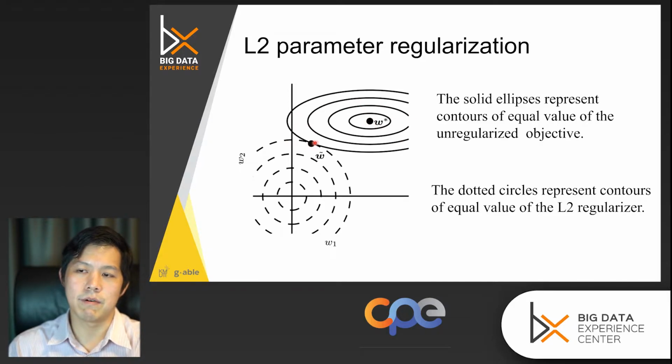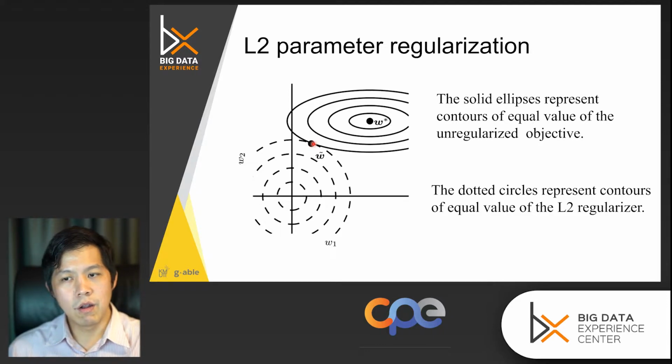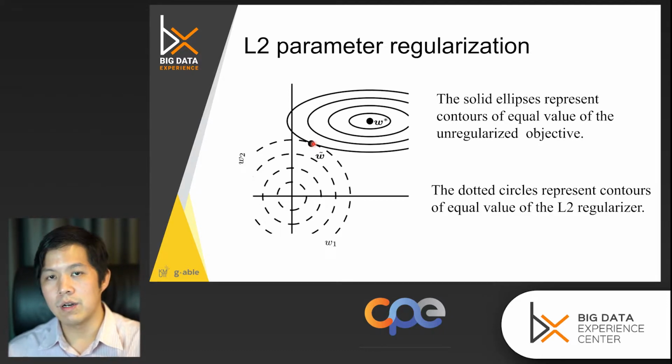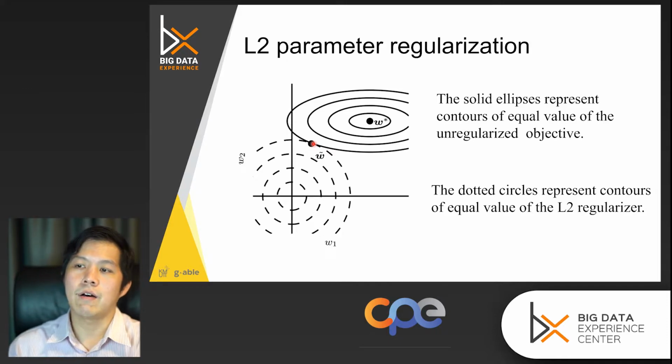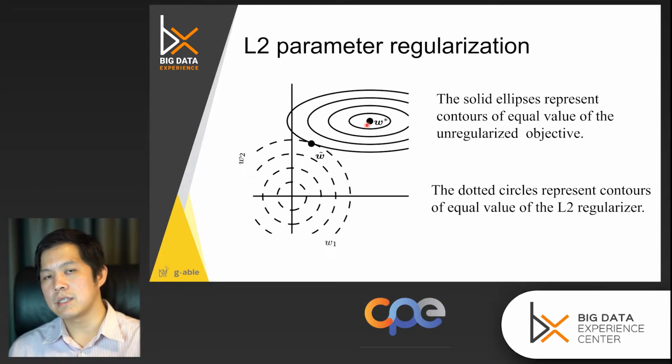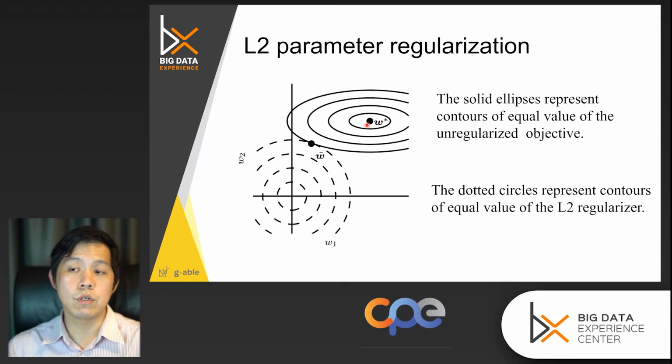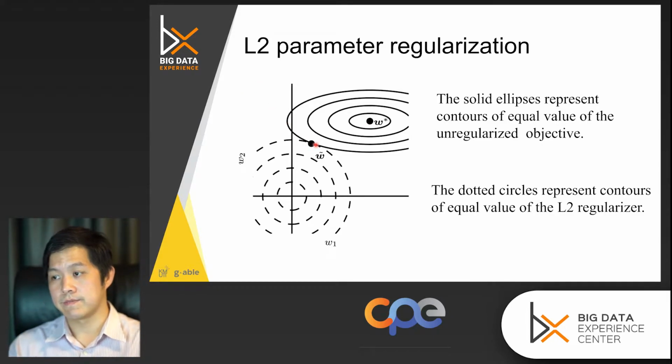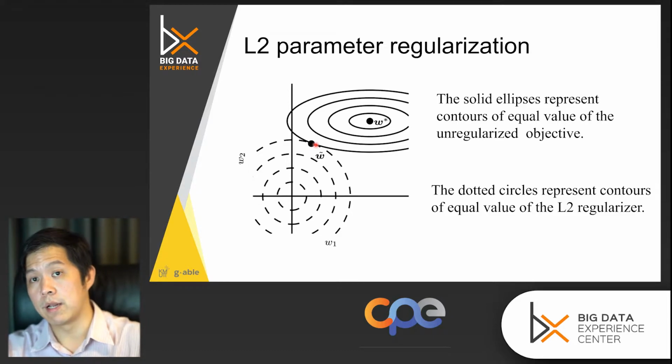When it touches, it will be some point here. That means we have low W for sure, the lowest W that it can have, and also the lowest error according to this one. Okay, so this is how the two constraints are satisfied with one another, and why L2 gives you low values but not equal to 0. This is called L2 regularization.